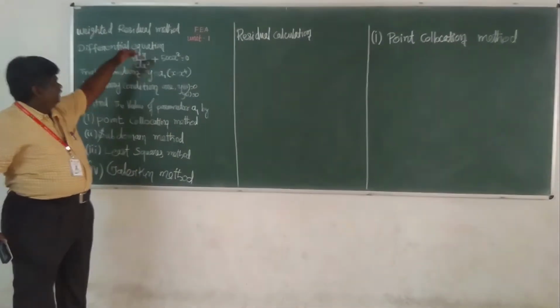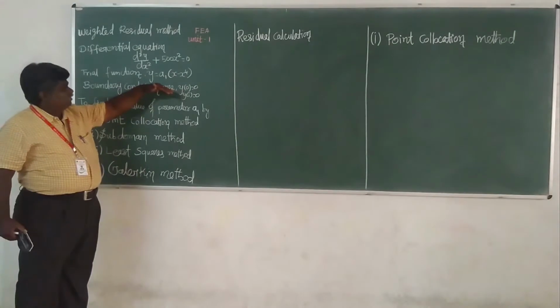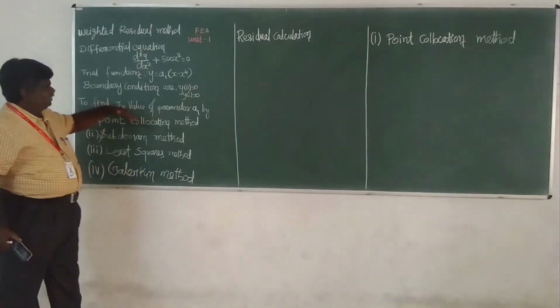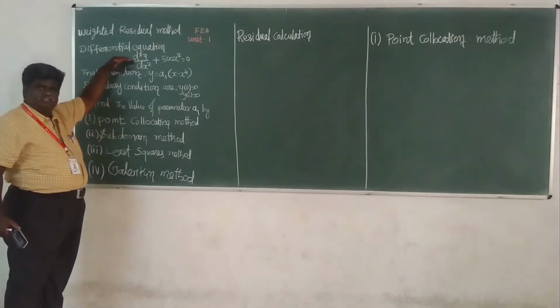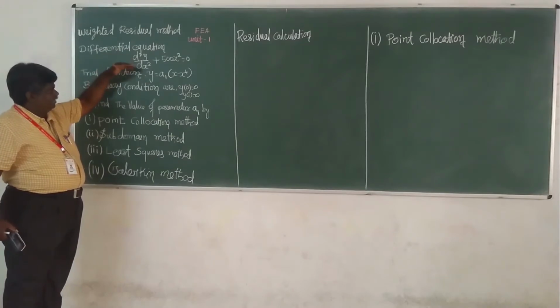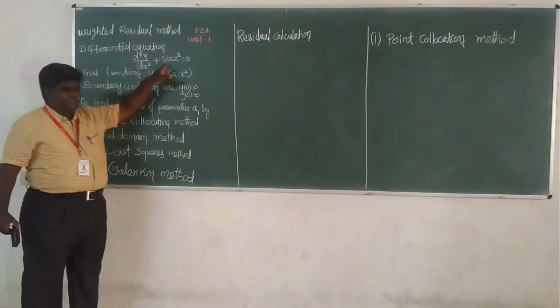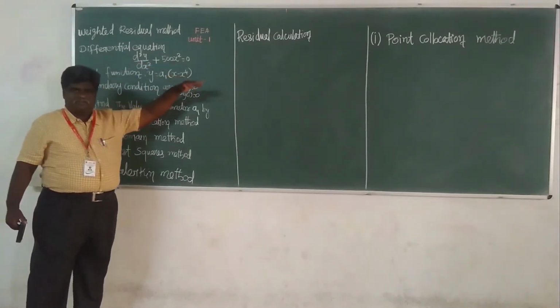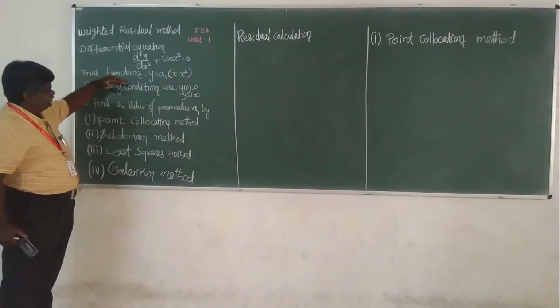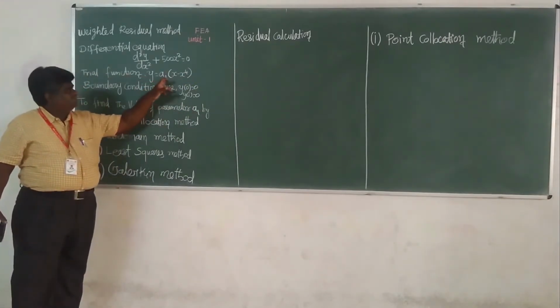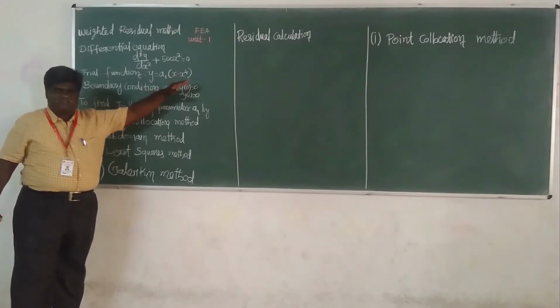Method of weighted residual methods. In this problem, the differential equation is given as d²y/dx² + 500x² = 0. The trial function equation is y = a1(x - x⁴).